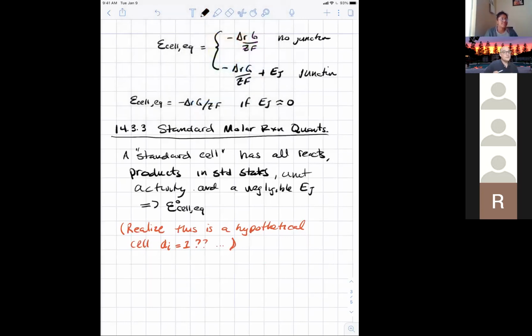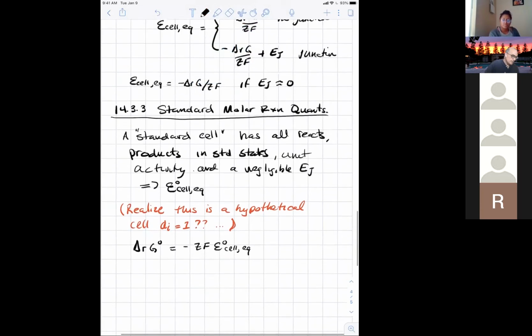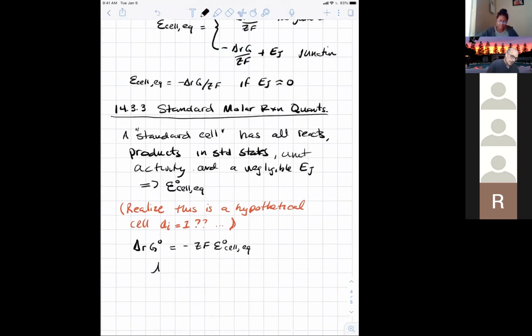All right, but within this hypothetical state, as long as we realize this is hypothetical, we could make this definition. And we could also say, because of the relationship between delta G standard and K, we can immediately make this connection.